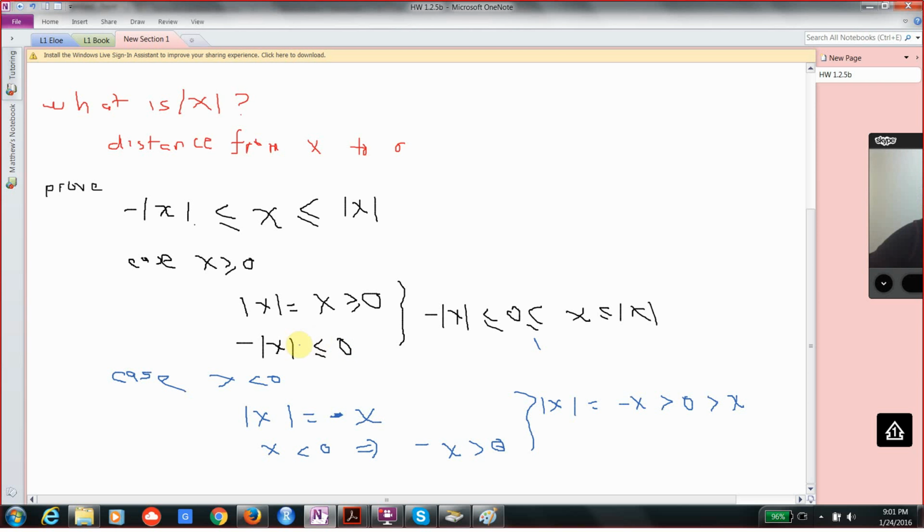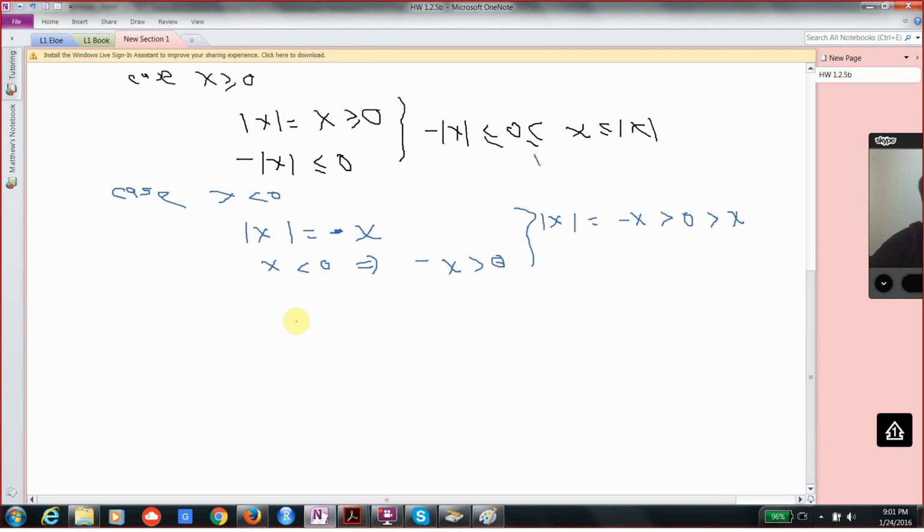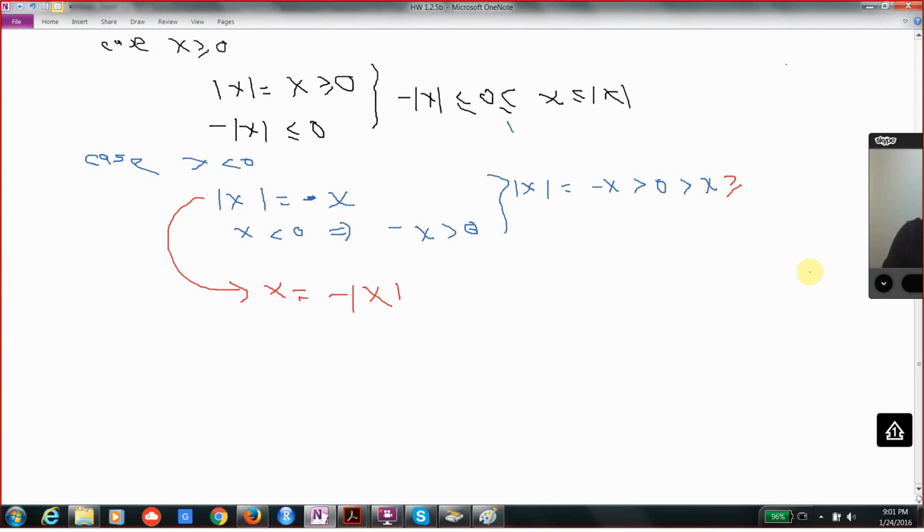And now we still have one more thing we have to show. We have to show that this is greater than or equal to minus the absolute value of x. Notice that if I multiply this side by minus 1, I get that x is equal to minus the absolute value of x. So since it's equal, it's greater than or equal to minus the absolute value of x.